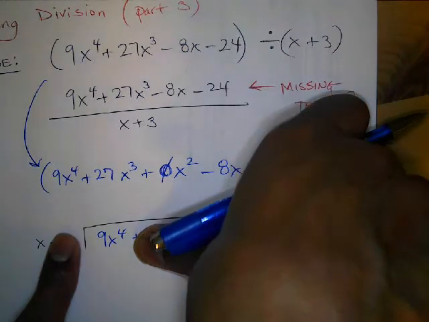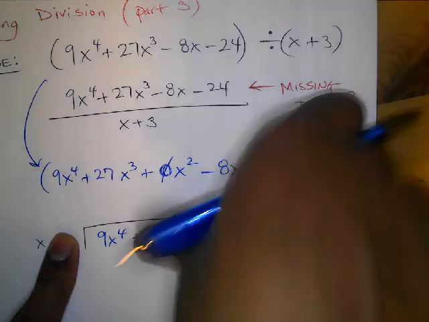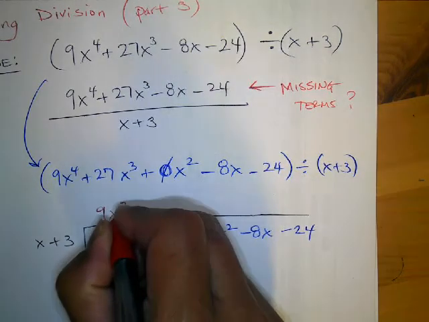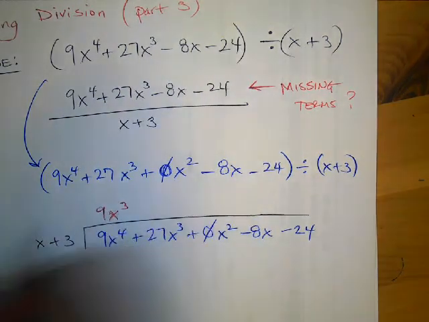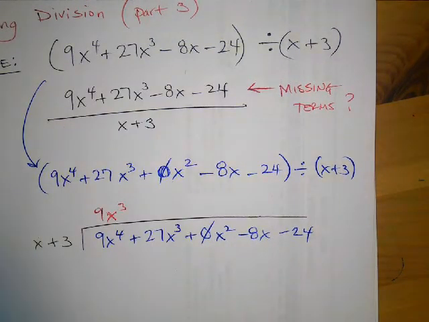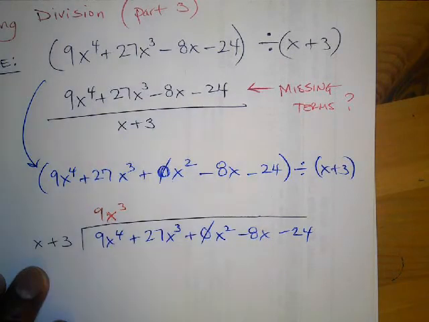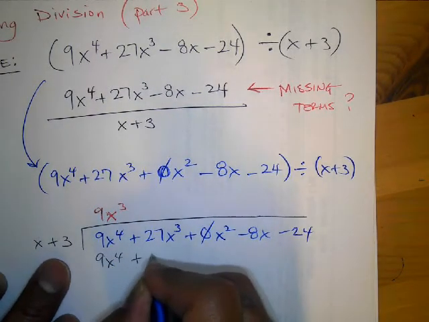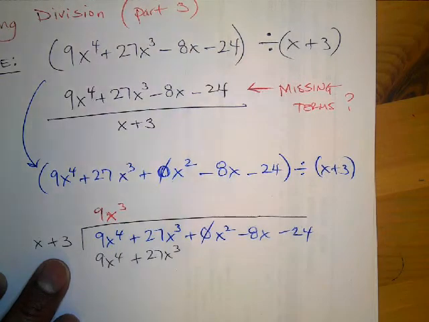Okay, so long division, you look at the first one. That'll be a 9x cubed. 9x cubed times that and times that, that'll be 9x^4 plus 27x^3.